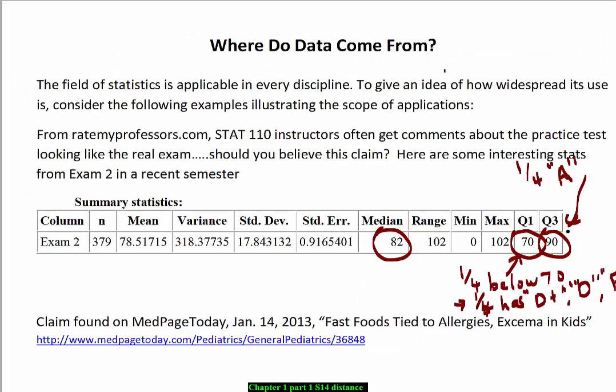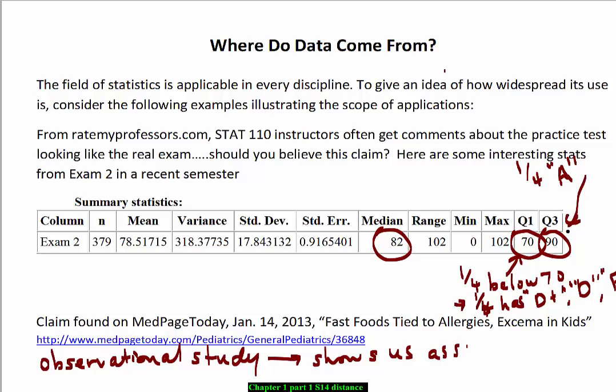An observational study gives us associations between variables, which does not imply causation.